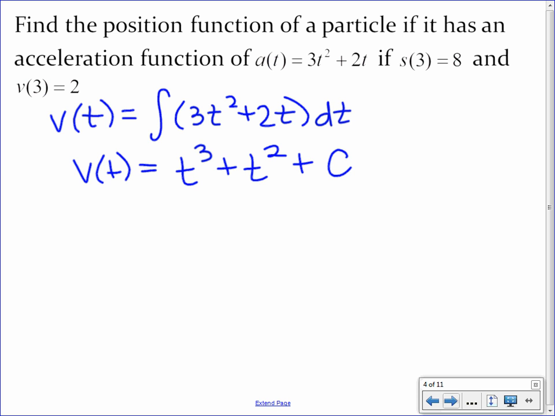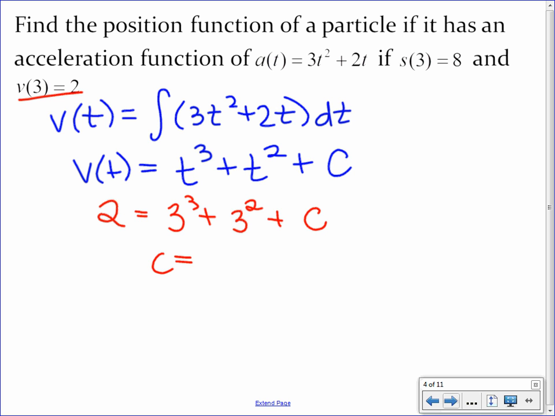So we'll use this initial condition right here. What does this mean? V of 3 equals 2. When t is 3, our velocity is 2. So our velocity is 2, and our time is 3.